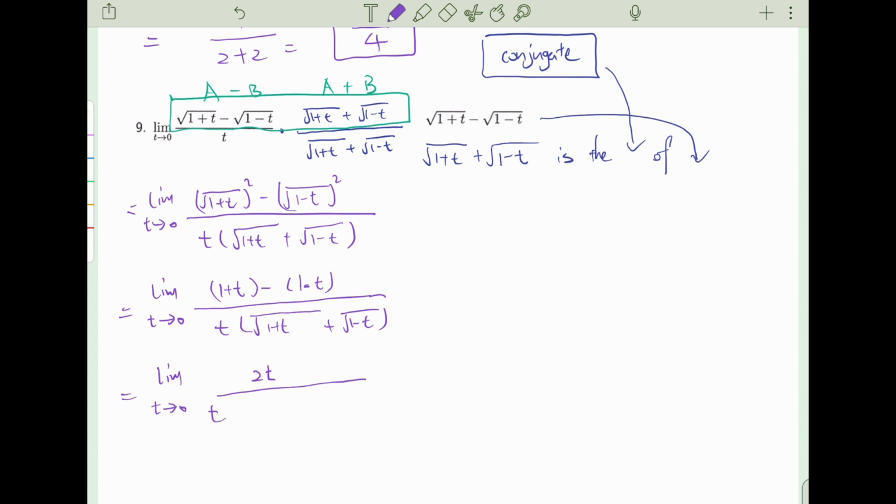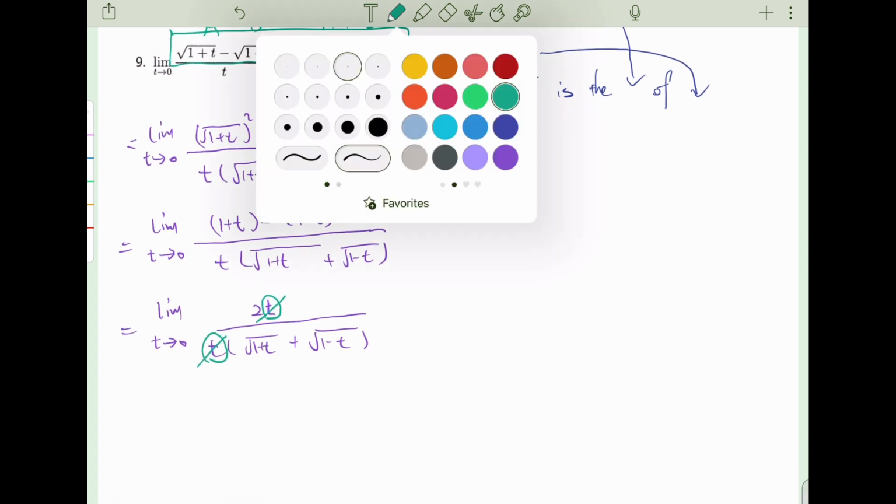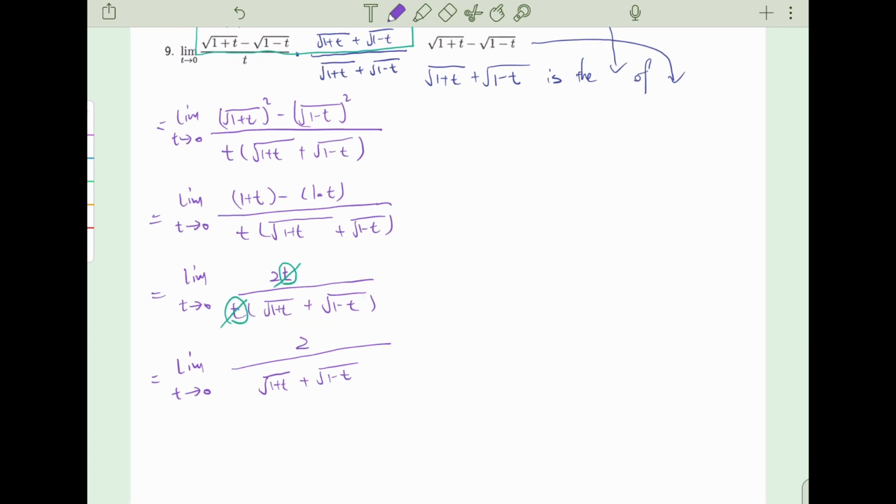Divided by this. And now I can see that there is t on the top and in the bottom. Same factor, get rid of them. Left with 2 divided by this, 1 plus t, 1 minus t, right? And that is the zero factor.